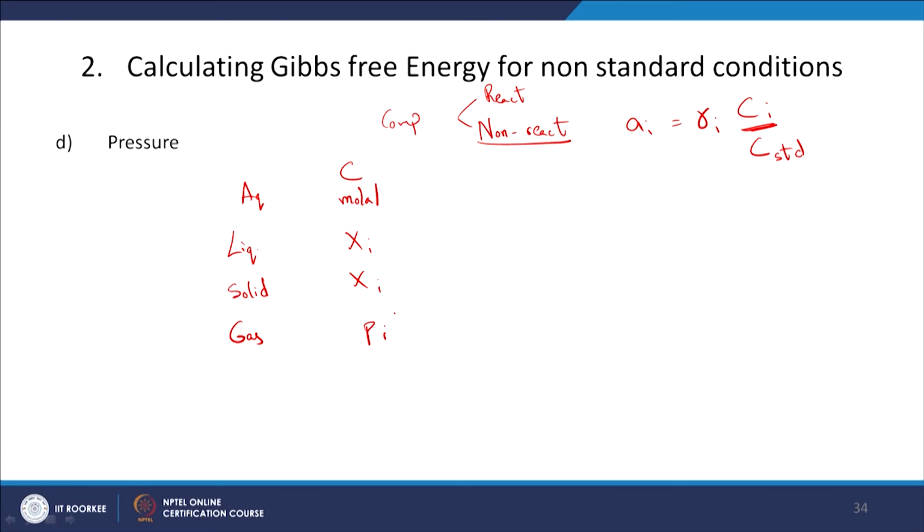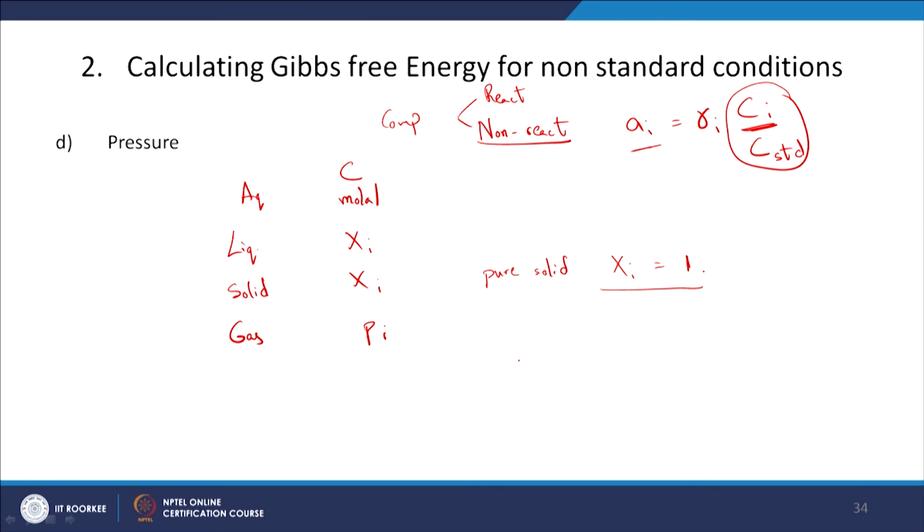So whenever you are calculating activities in the gaseous phase, you need to use the partial pressures. For a pure solid, where only one solid precipitated out, the mole fraction is going to be equal to 1.